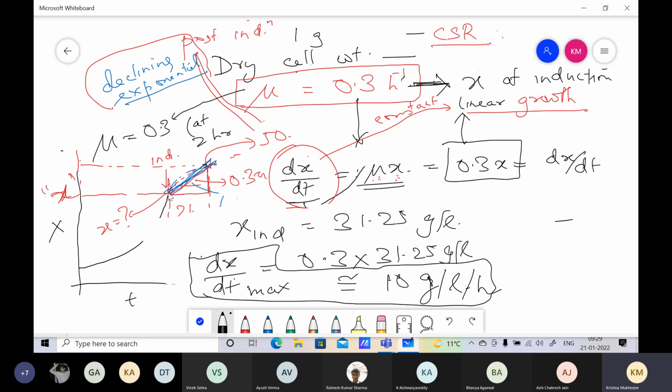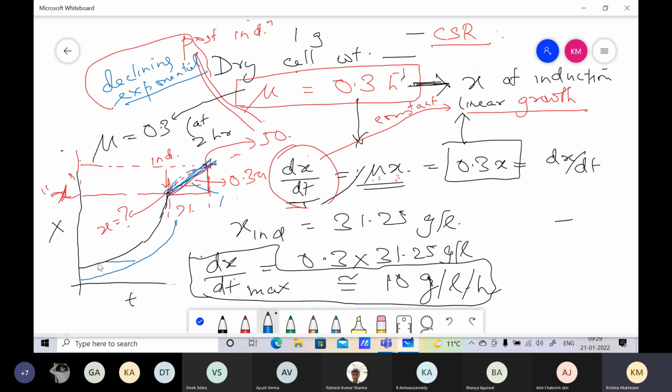It means that till the fed batch was running, my feed was also increasing exponentially, because my biomass was increasing and my feed had to increase because dx by dt was increasing. At this point, what will happen to the feed?